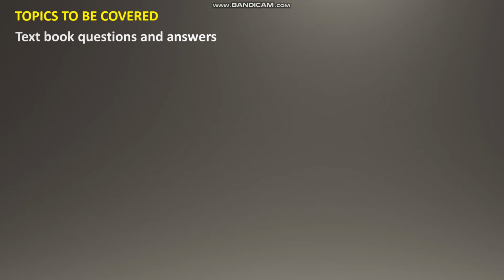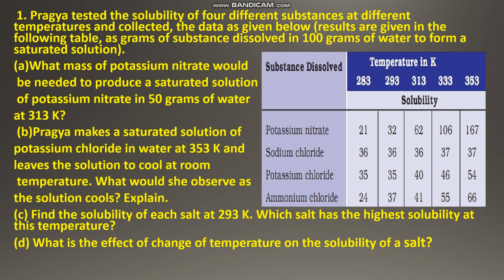Today we are going to discuss a few textbook questions and answers. First question. Pragya tested the solubility of 4 different substances at different temperatures and collected the data as given below. So results are given in the following table.